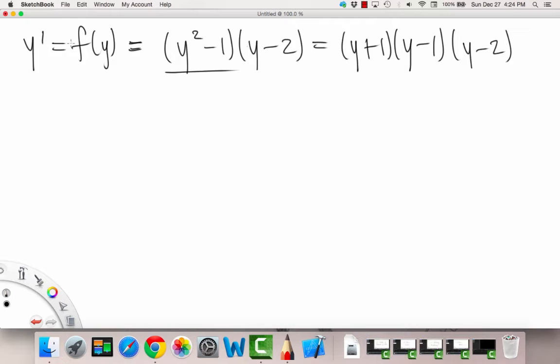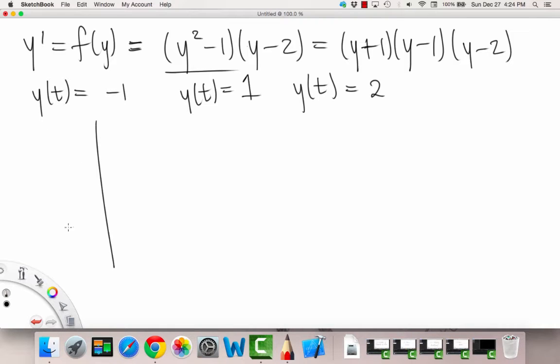Okay, so what are our equilibrium points or our solutions? Our equilibrium solutions would be y of t is equal to -1, as well as y of t is equal to +1, as well as y of t is equal to +2. Those would be our equilibrium solutions. On our graph, for each of these problems, we'll make two different graphs.